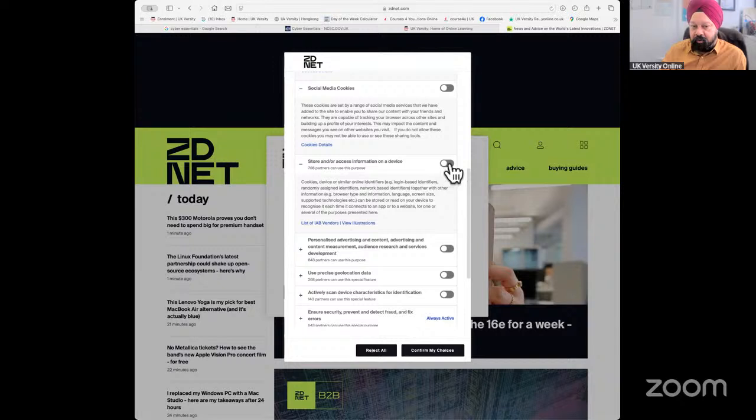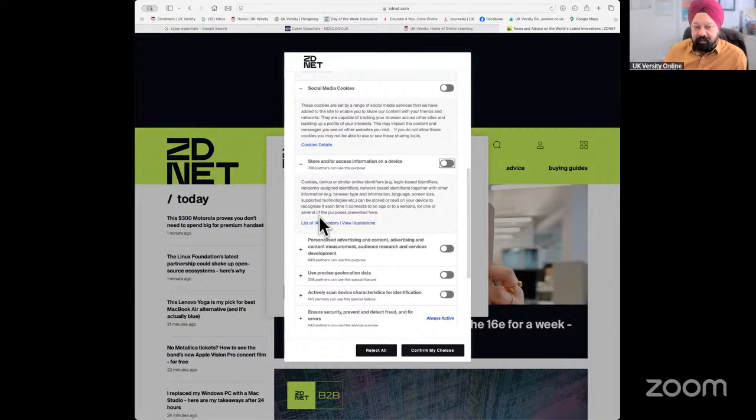As of now, it's switched off. If I agree to this, they would be open to sharing information which will include login-based identifiers, network-based identifiers, browser type, language, screen size, and what operating system you are on. And this kind of information would then be available to these vendors.